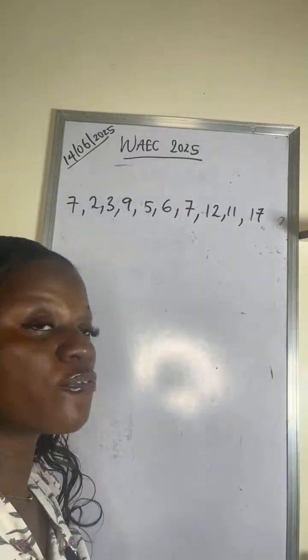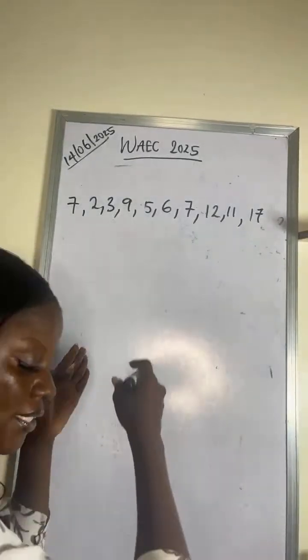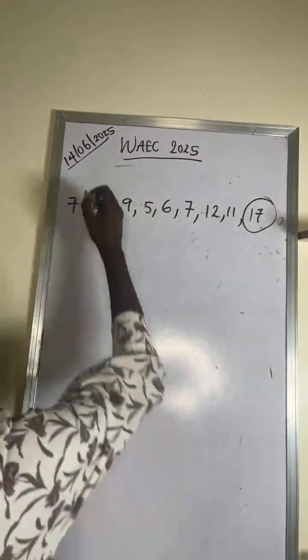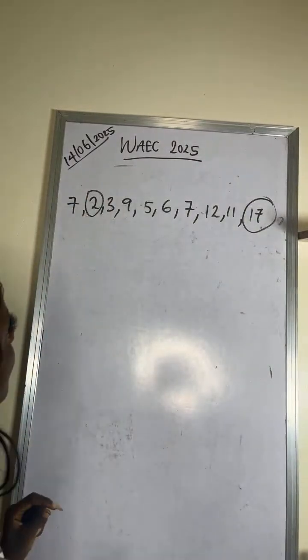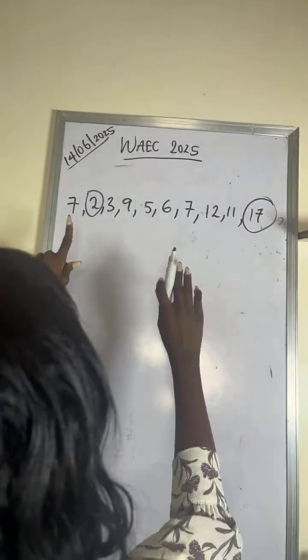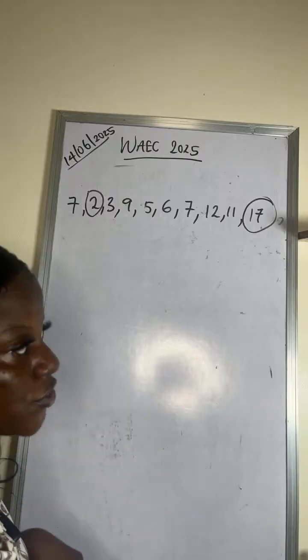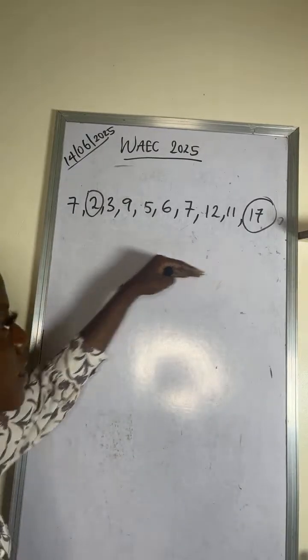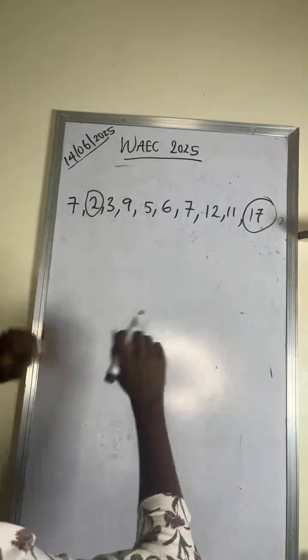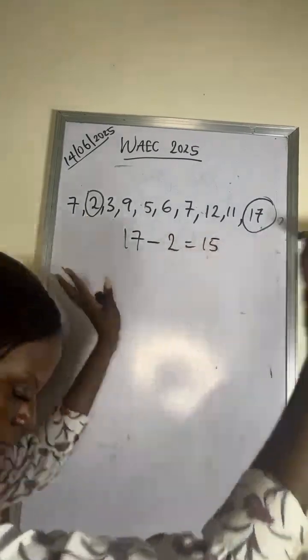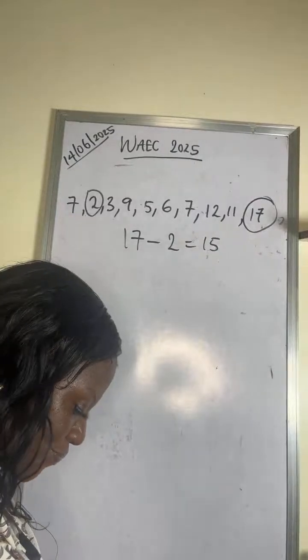Whenever you hear about range, you just tell yourself what is the highest and what is the smallest. If this was a theory question, you write it out: the highest value is this. But because it's objective and you're trying to be fast, just say 17 minus 2, you get 15. That's it. Very easy.